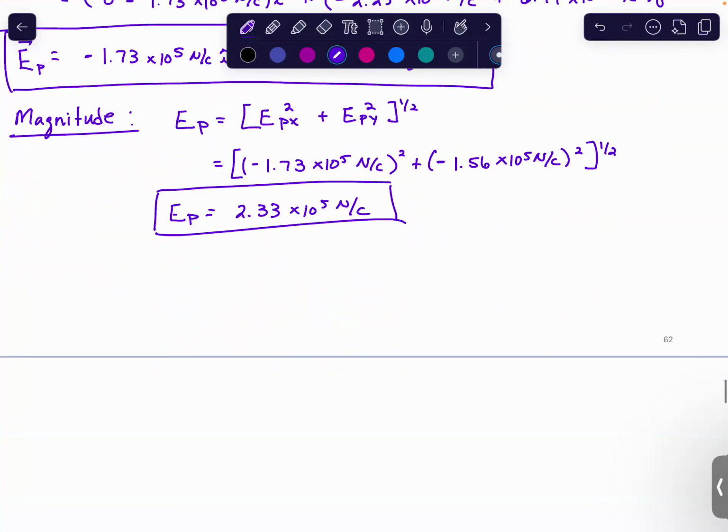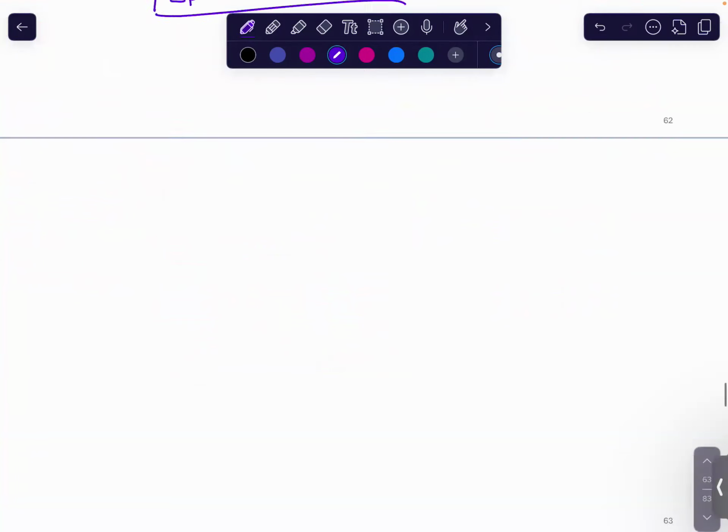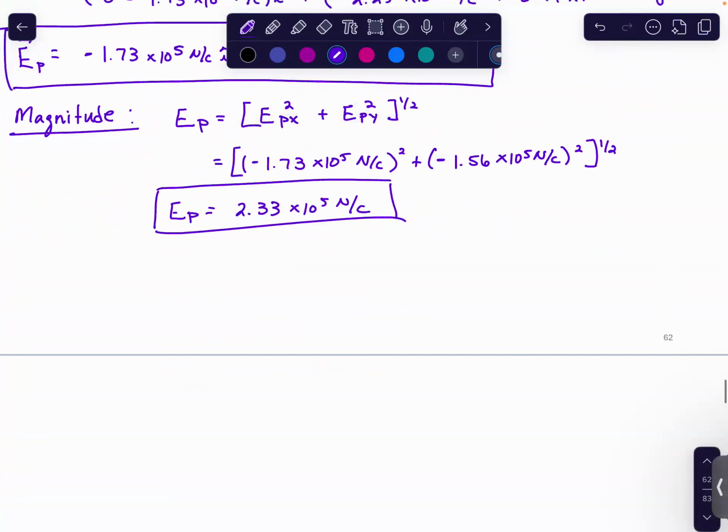Okay, the last thing we wanted to figure out was the direction, at least for part A. Part B is this whole thing over again, except it's the force on a proton.